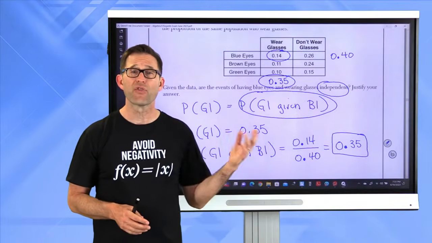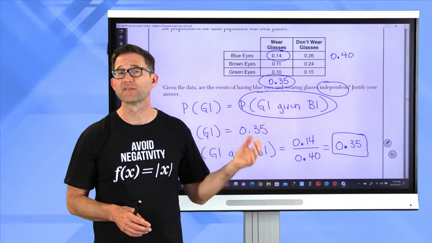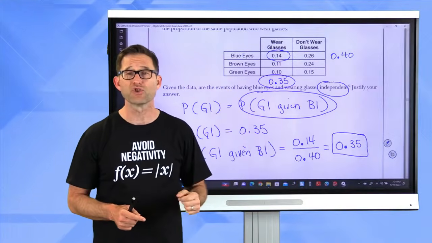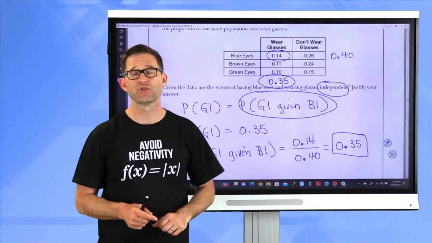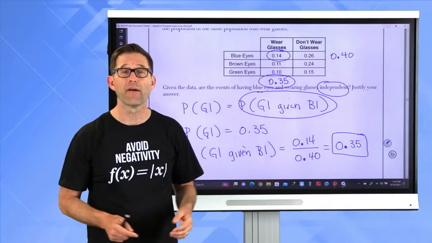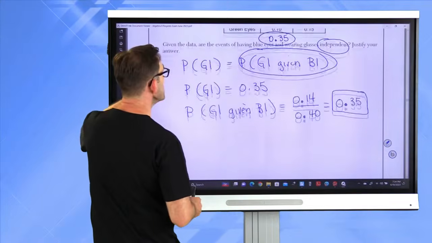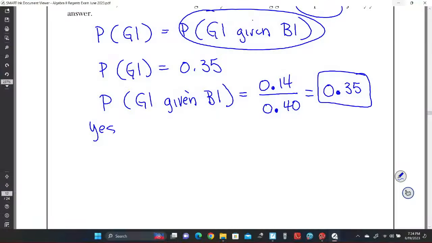You're going to have a 35% chance of having glasses just if you come from the general population, and you're going to have a 35% chance of having glasses if you have blue eyes. So the answer is yes, they are independent. All right.